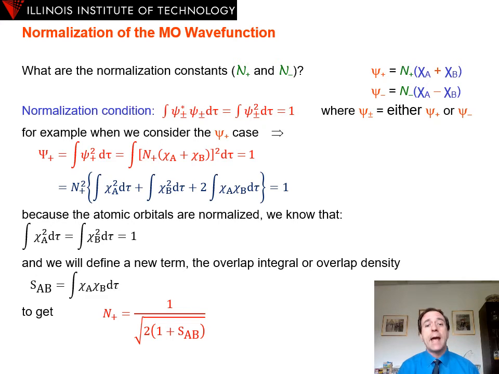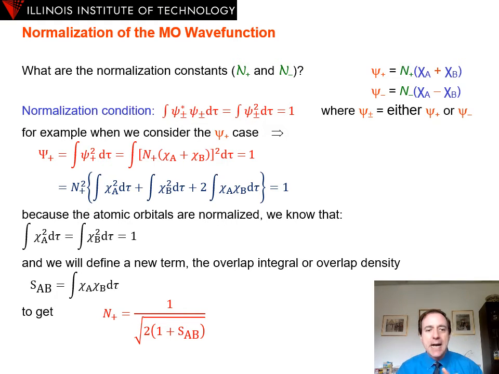But those don't have imaginary parts to them because they're 1s orbitals. So we can just write psi squared d tau. And you can see that we have the psi plus or minus, because we can either do the bonding orbital or we can do the anti-bonding orbital. We're not doing one of each, right? We're just doing either the psi plus case or the psi minus case.